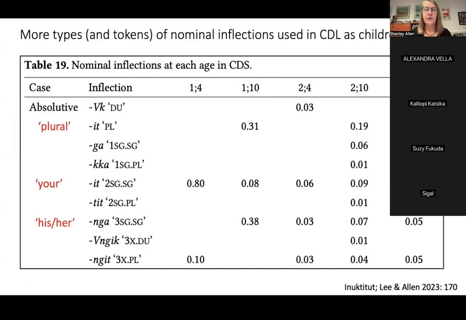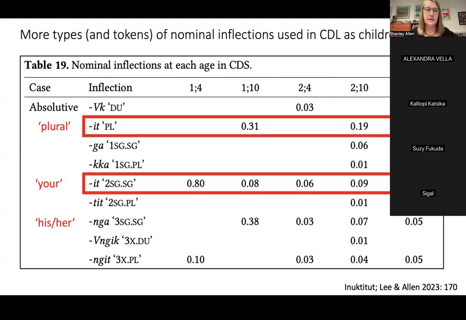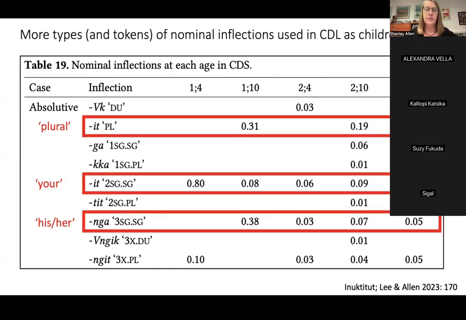And again, we looked at the individual inflections in a table like this. And this is just the absolutive inflections. And so we see here that these 3 are particularly frequent. This first one is the plural eat. That's not possessive, and you see that it's not used at all at 1 year, 4 months, but gets used a bit later, like 30% at 1 year, 10 months.